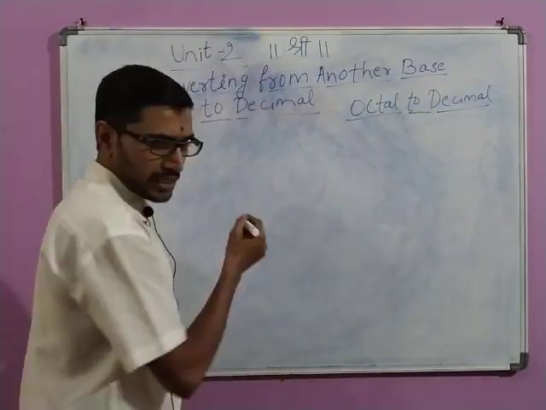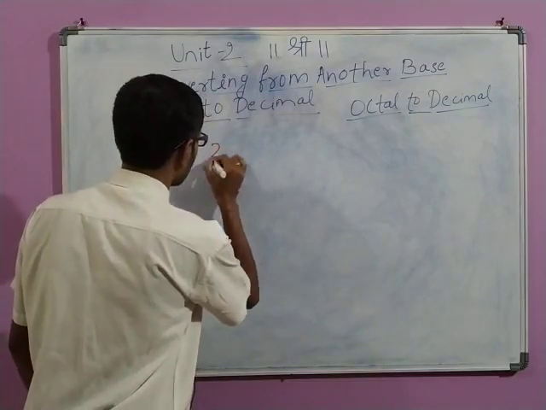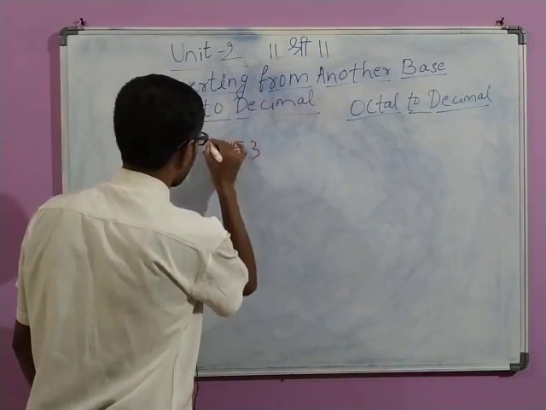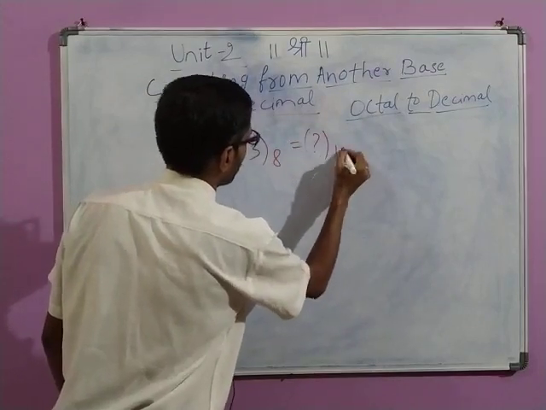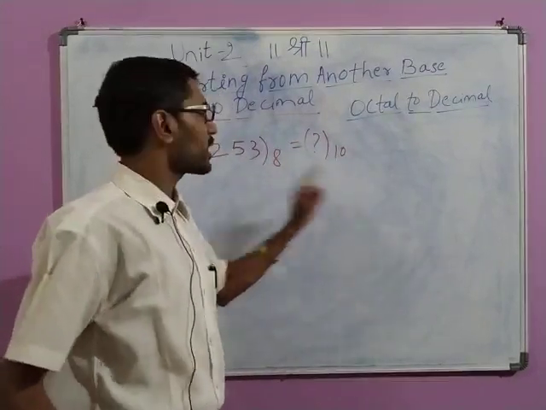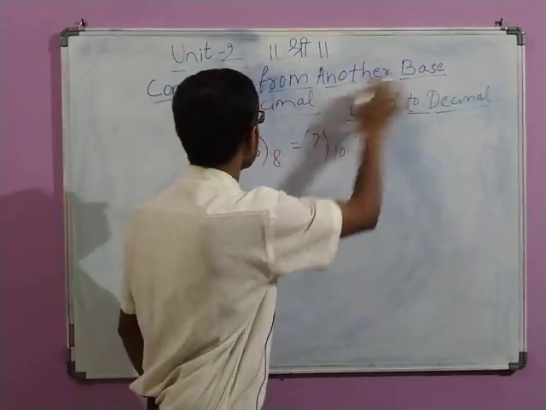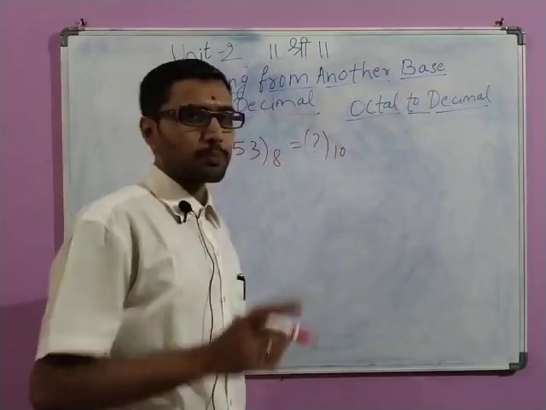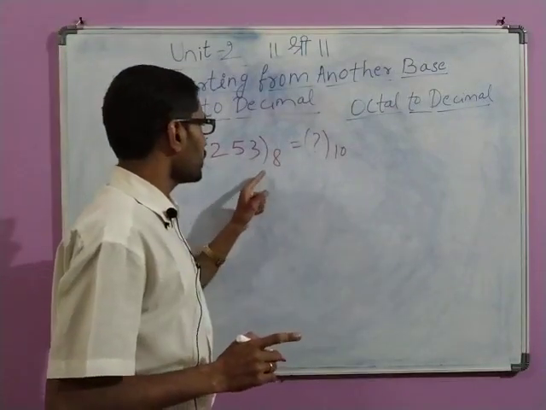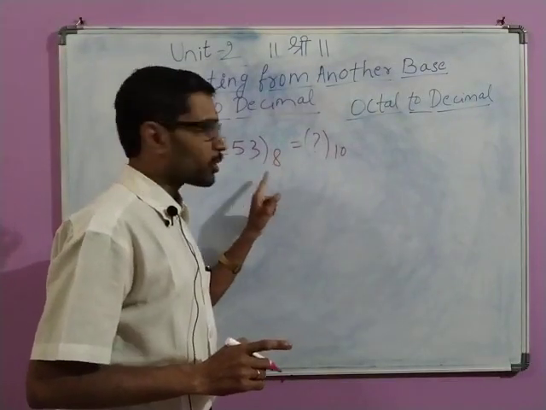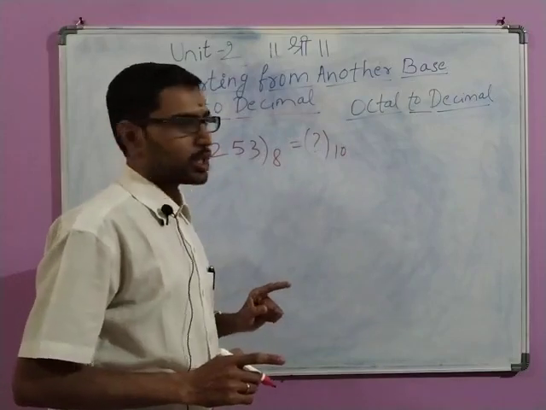First example, we can take 253 to the base 8, question mark, to the base 10. The steps and procedure remain the same because we are converting from another base to decimal. The only change will be the positional values, because the base has changed.